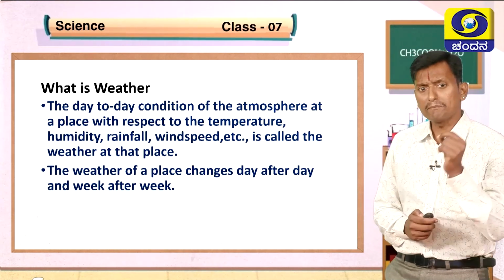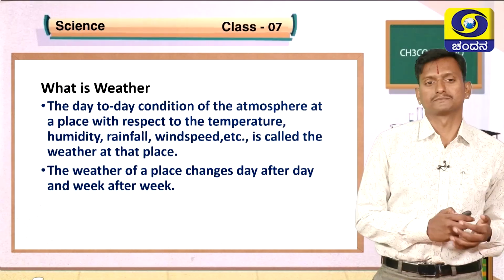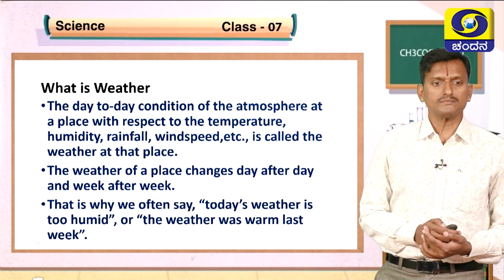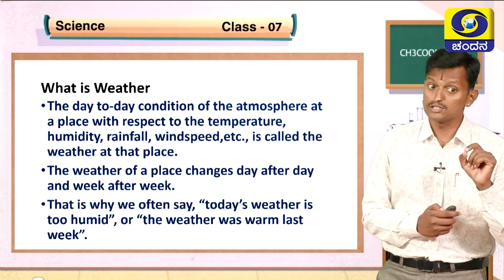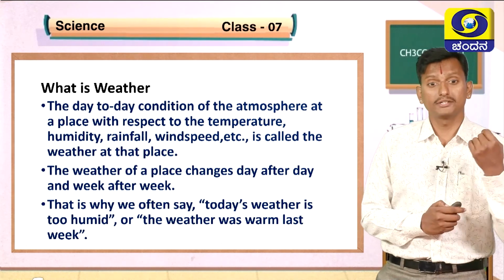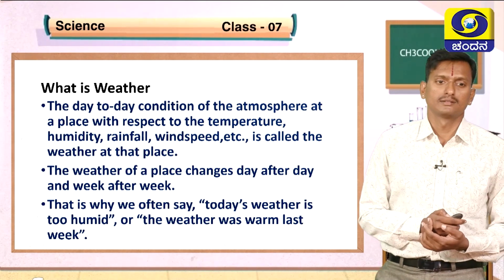The weather of a place changes day after day and week after week. It is not constant. That is why we often say today's weather is too humid or the weather was warm last week. Isn't it?